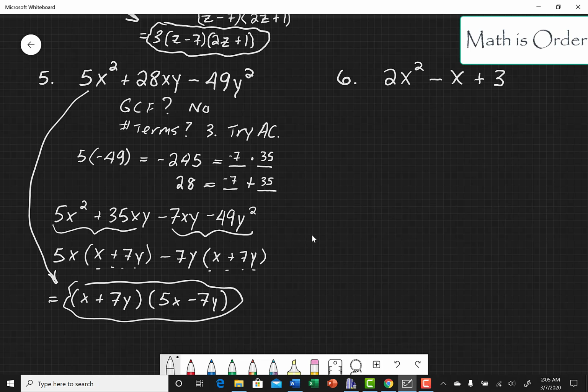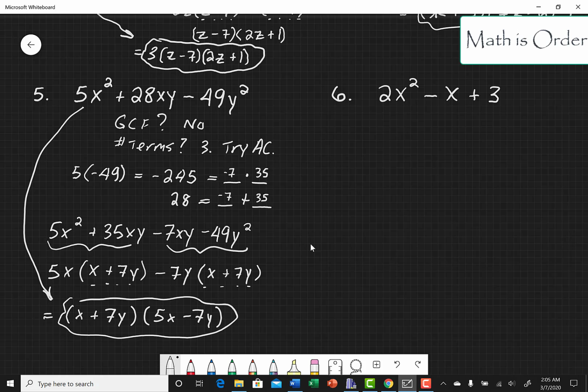All right, moving on to the last question here. This time, same thought process. What is a GCF? None. Number of terms? 3. So try AC. Right, AC says 2 times 3 is 6. Are there any two numbers that multiply to give 6 and that add up to give the middle coefficient, which is negative 1?